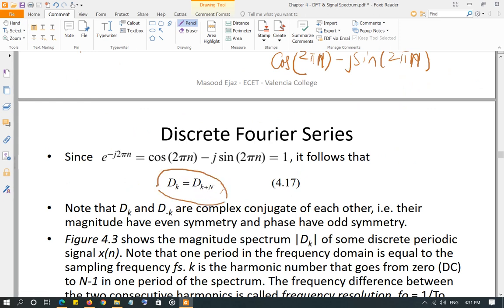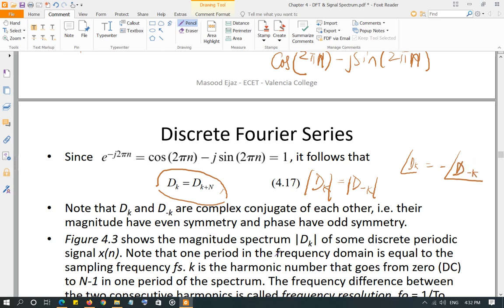The other relationship is that dk and d negative k are complex conjugate of each other. So the magnitude of dk is equal to the magnitude of d of negative k, and angle of dk is equal to negative of angle of d negative k.